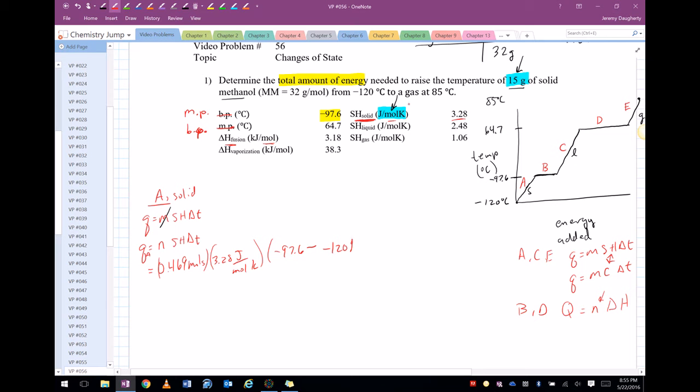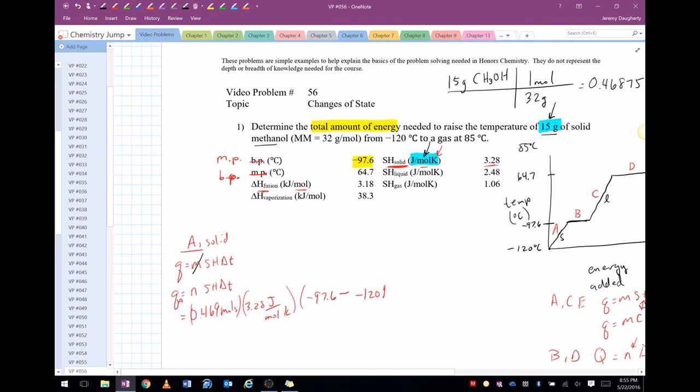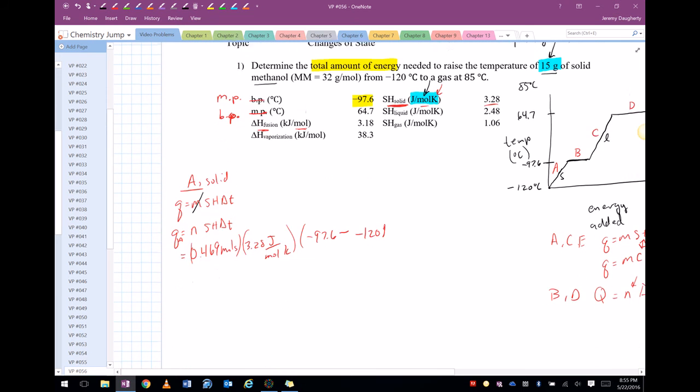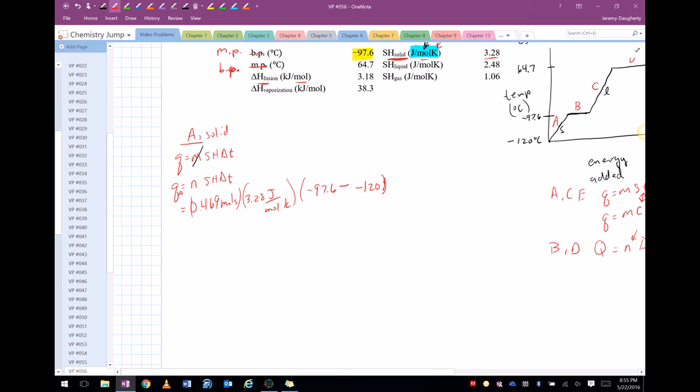Okay, now it's in Kelvin, but a delta T in Celsius, so let me write this down here, a delta T in degrees Celsius is equal to a delta T in Kelvin. All right, so we can leave it in Celsius. We don't have to change that to Kelvin. All right, so what do we get?